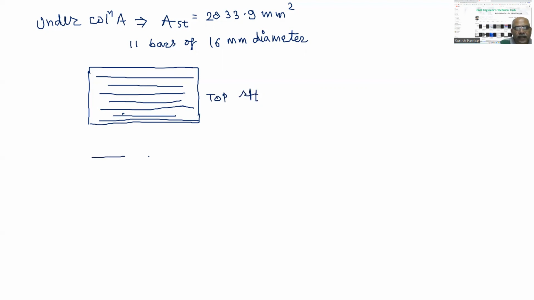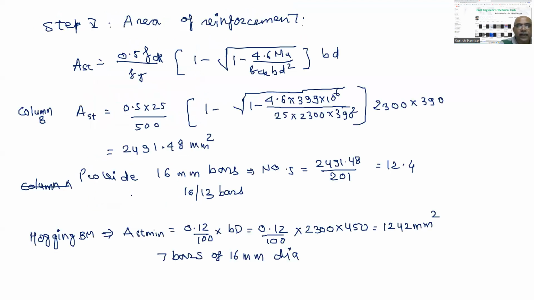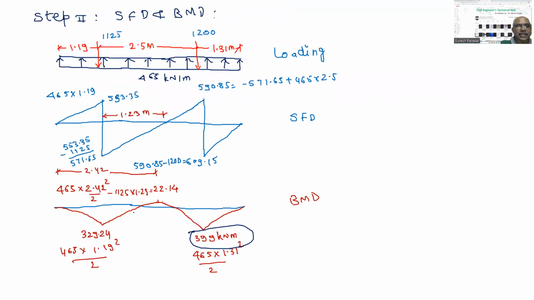For the bottom, under column B and under column A, we have to provide it till the zero bending moment. That value we have to find out, and we can find it by considering this.